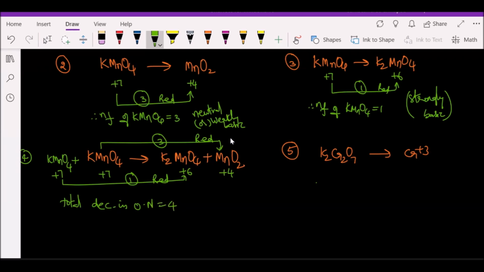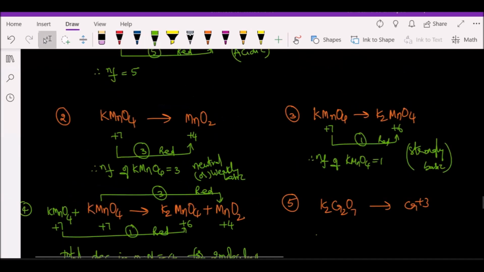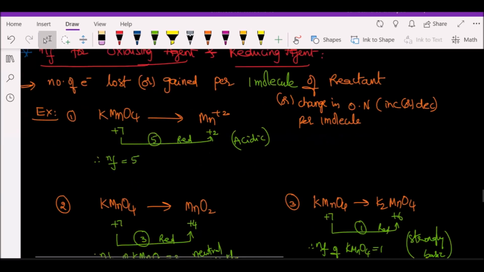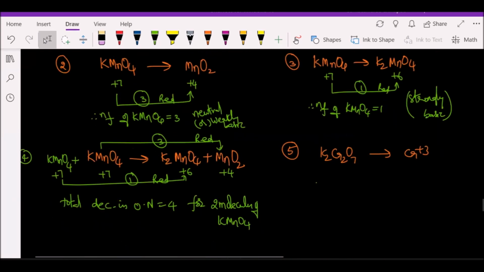For how many molecules of reactant? For 2 molecules of KMnO4, the decrease in oxidation number is 4. But what do we define as N factor? See the definition. See whether we have to consider one molecule or two molecules. It is per one molecule.